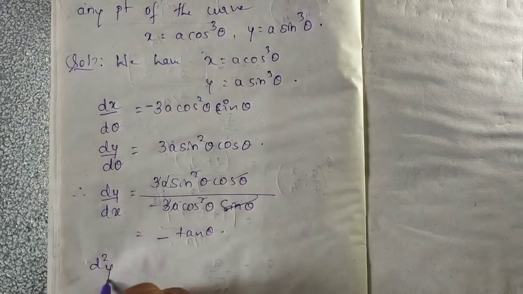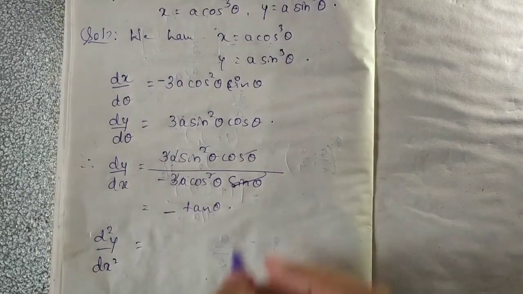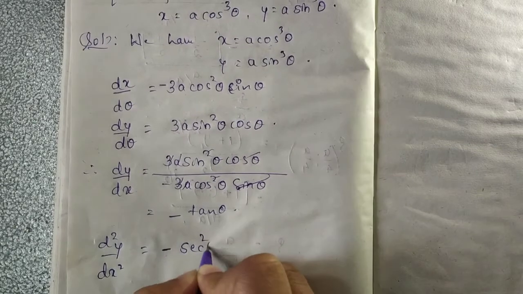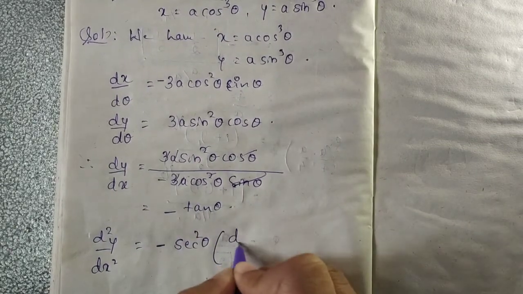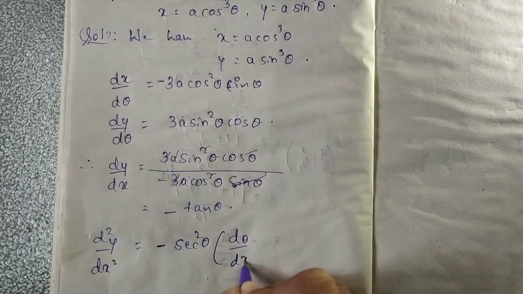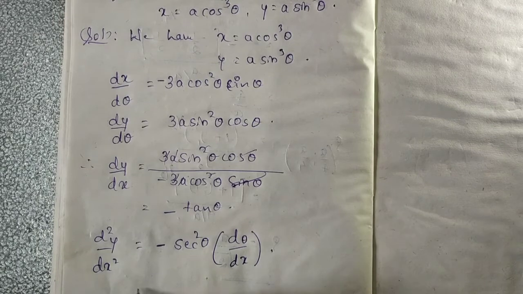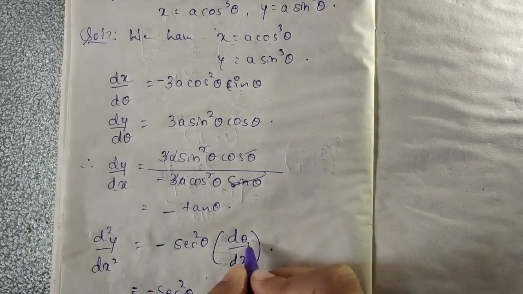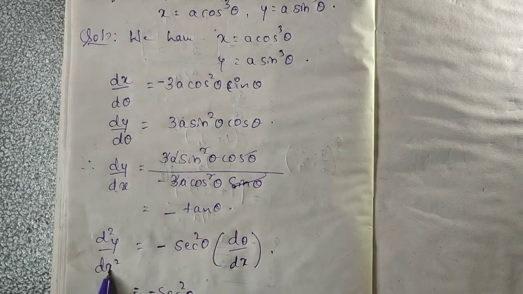Similarly, we need d square y by dx square. So let us find that. Derivative of tan theta is secant square theta. Here negative sign I kept as it is into d theta by dx. So this will be minus secant square theta into, we need to differentiate with respect to x.